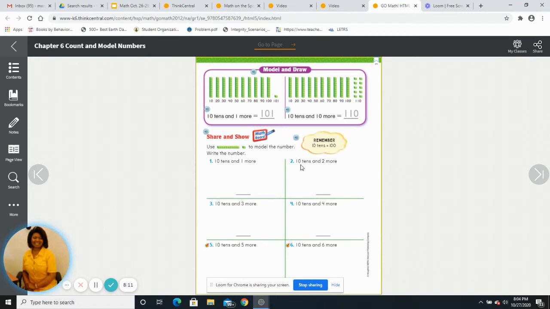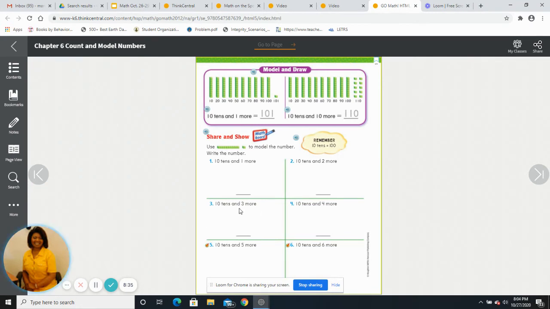So right here, 10 tens and two more. So the trick does work for this one. So if I draw 10 lines, 1, 2, 3, 4, 5, 6, 7, 8, 9, 10, and I draw 2 circles, it would be 102.